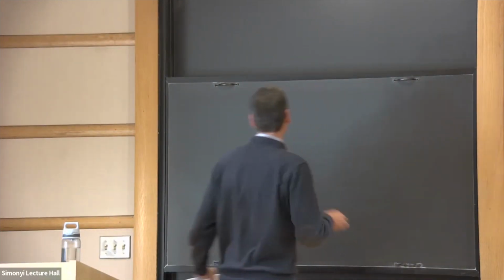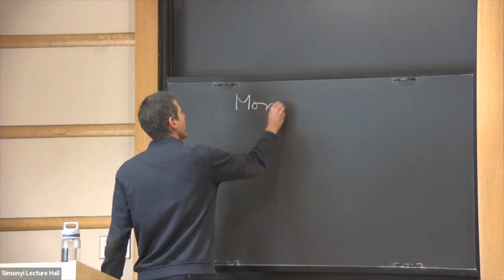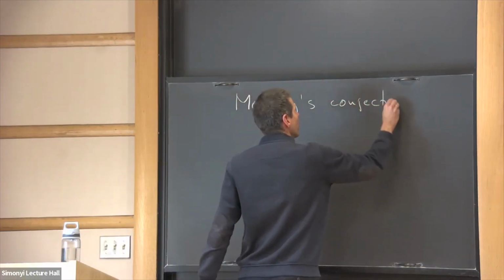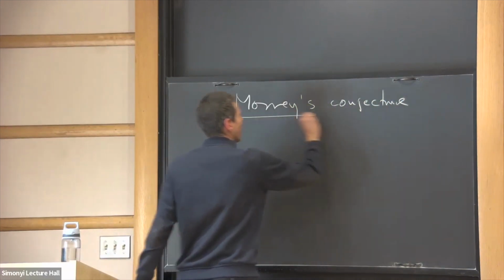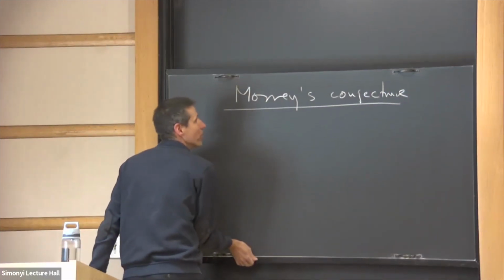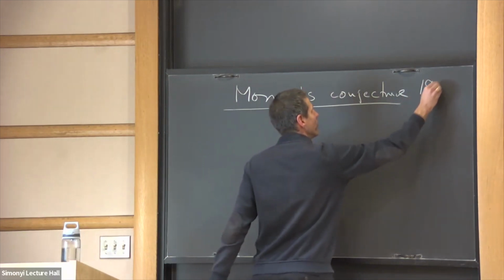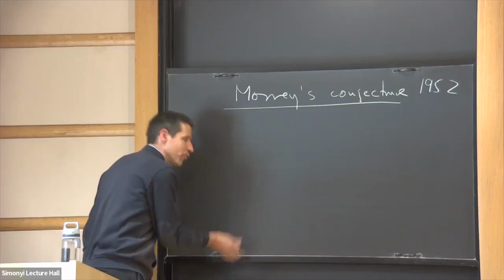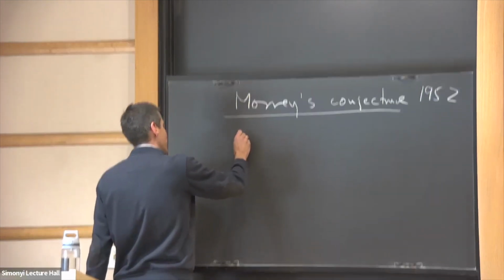Okay, so what's Morrey's conjecture? Basically, the question Morrey was working on in the 1950s is what is the right notion of convexity in the calculus of variations.